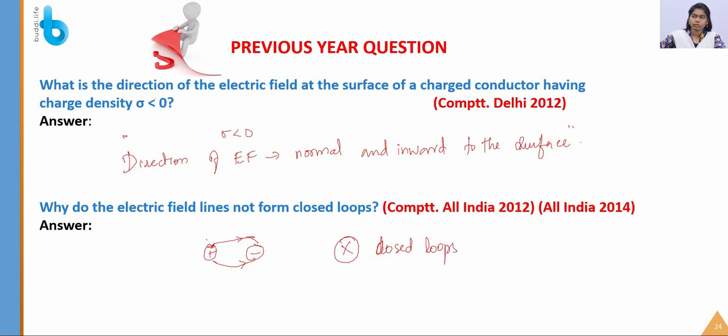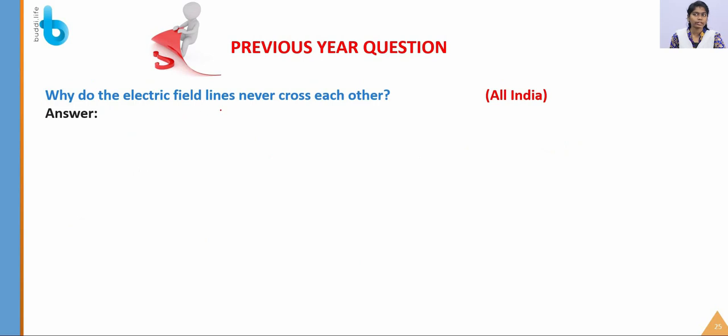Okay students, let's move on to the next question. Why do the electric field lines never cross each other? Because, for example, if two electric field lines are crossing, it indicates two different directions, which is not possible. The electric field lines are used to represent the direction of the electric field.